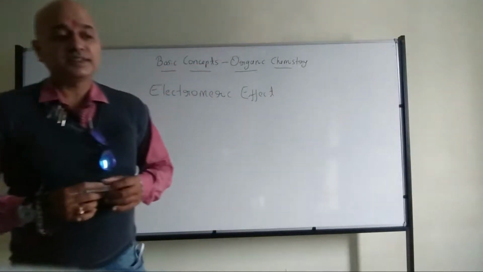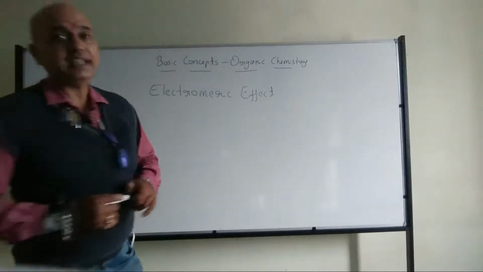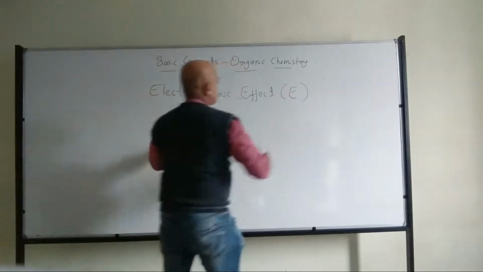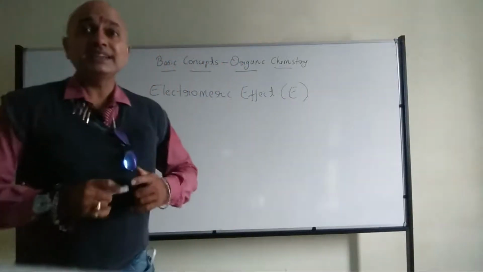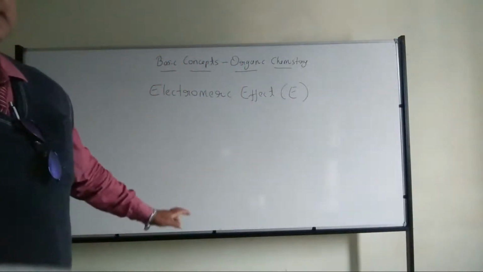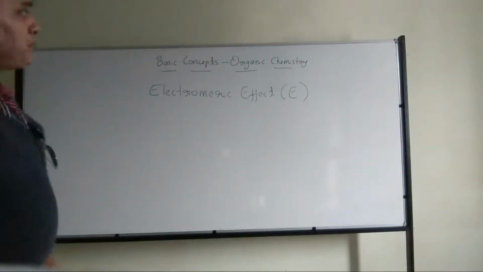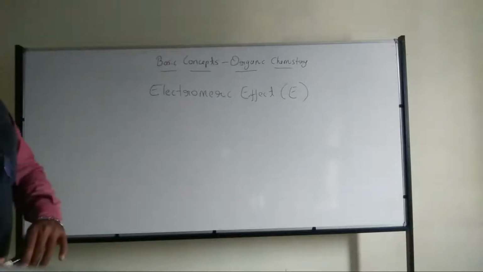So the symbol for electromeric effect can be E. Inductive effect symbol is I, but here the symbol will be E.